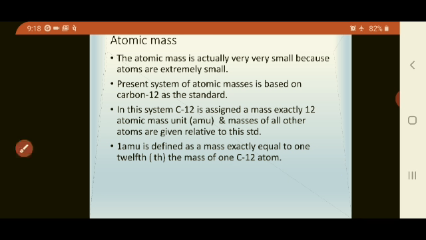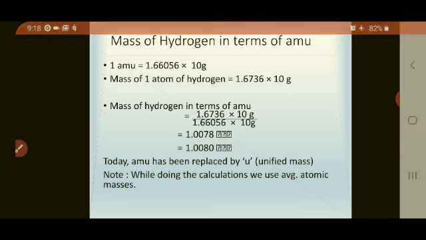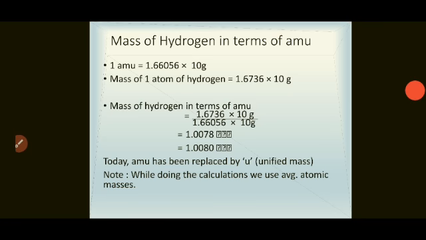Now let us see one example: mass of hydrogen in terms of AMU, that is atomic mass unit. For that, we must know the value of 1 AMU in gram.